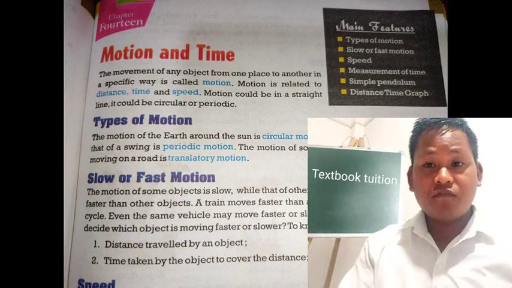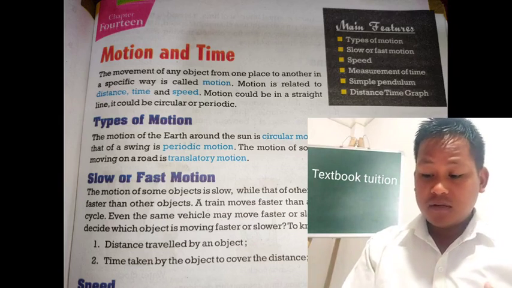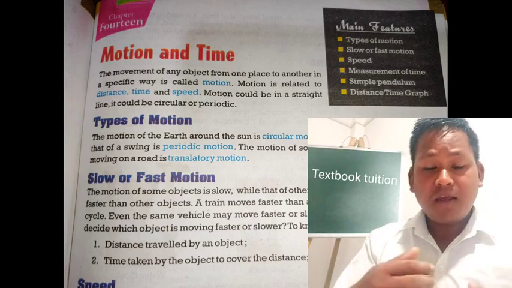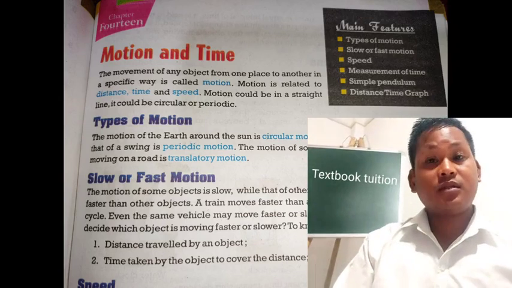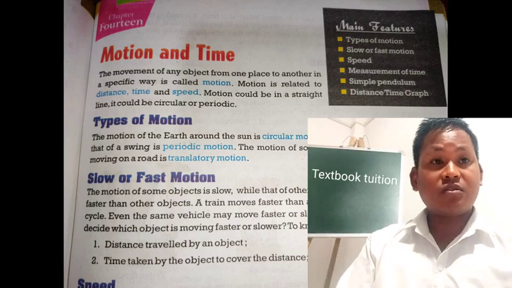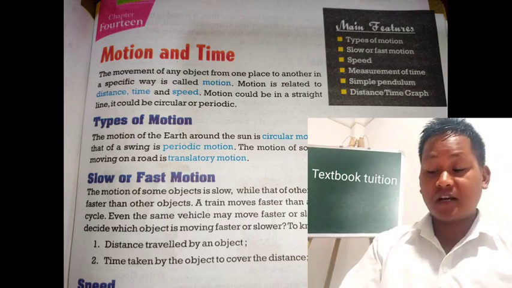A train moves faster than a car, and a car faster than a cycle. Even the same vehicle may move faster or slower. Yes, of course, the same car is sometimes faster, sometimes slower. It is because of some traffic or some turning point.